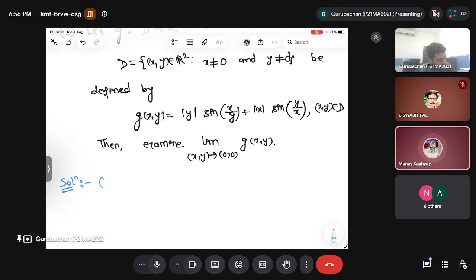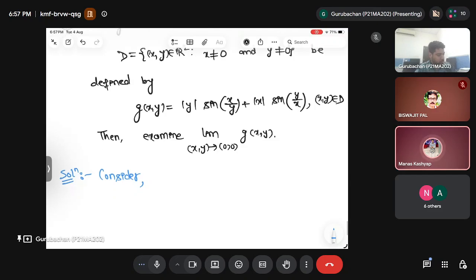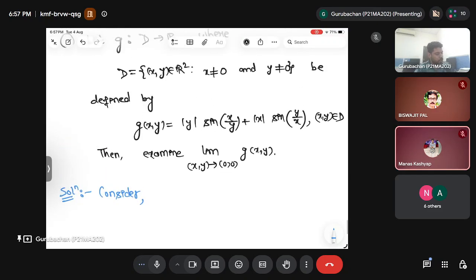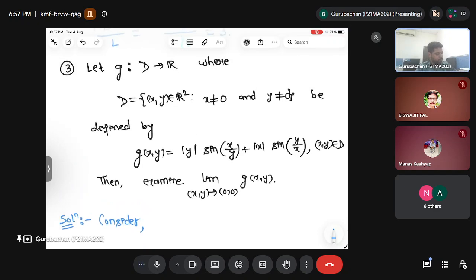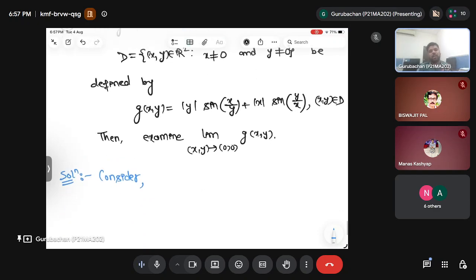Whenever you see terms like x square plus y square, that basically can be reduced to a circle. And if you see something like a circle, then you can obviously go with polar coordinates. Correct, correct, correct.